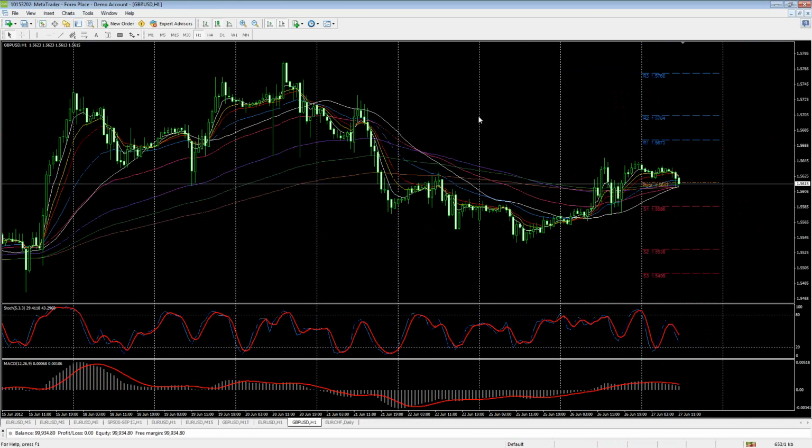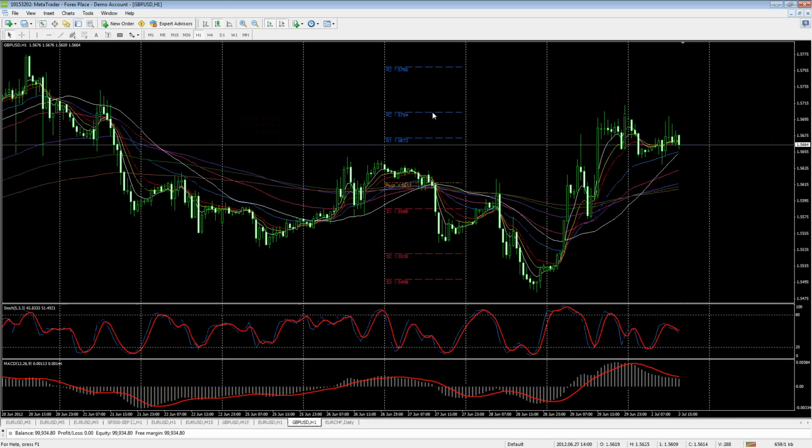And as for the pound dollar, it went up just like the euro dollar, but unlike the euro dollar, which went sideways, the pound dollar dropped here and only then continued moving up.